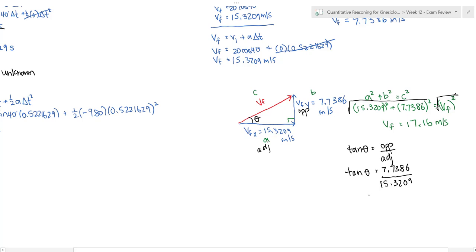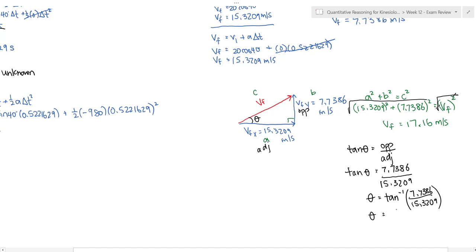I'm trying to solve for theta, so I need to bring the tan to the other side, and to do that, I take the tan inverse of 7.7386 over 15.3209.